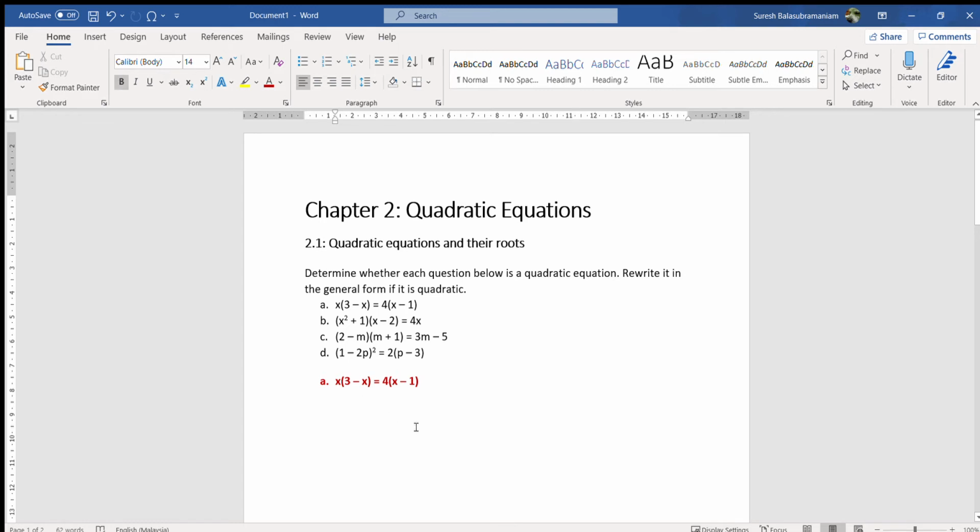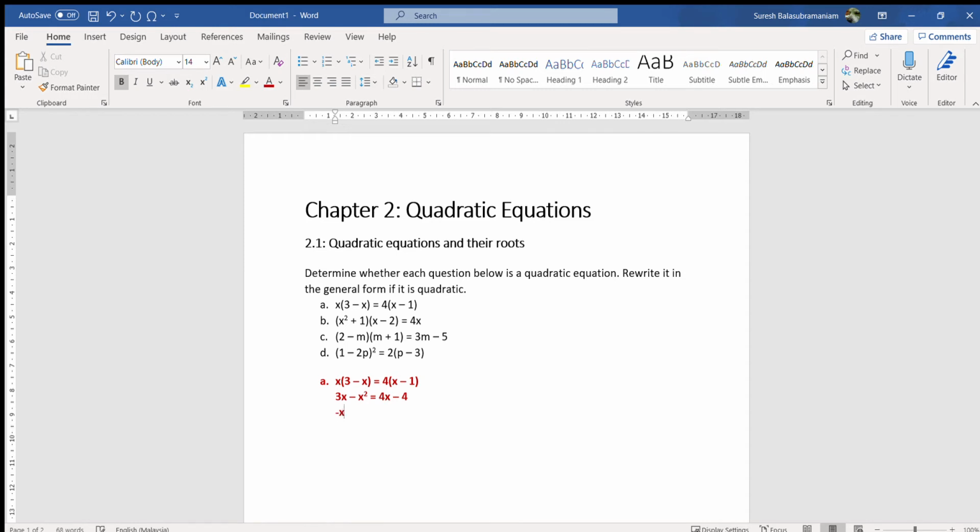So we get 3x minus x square equals 4x minus 4. Expanding, this is what you will get. I'll move everything to my left, so I'll rearrange with the highest power of x first.